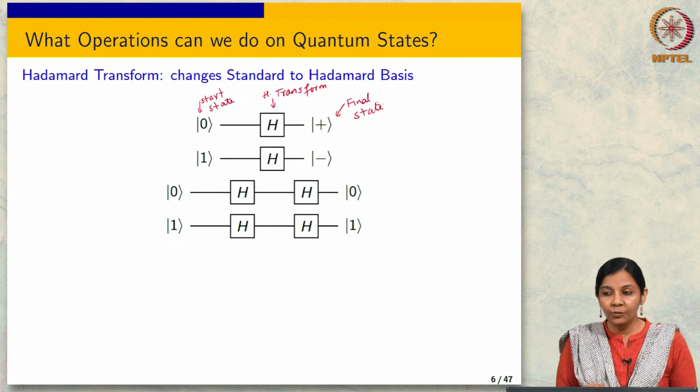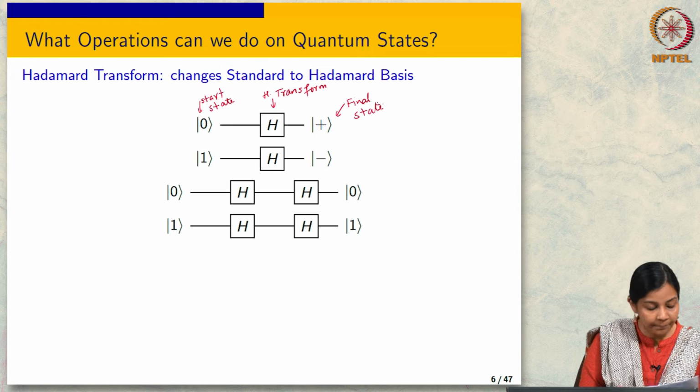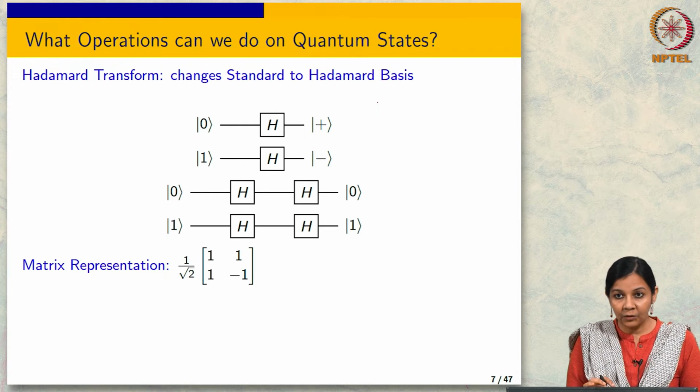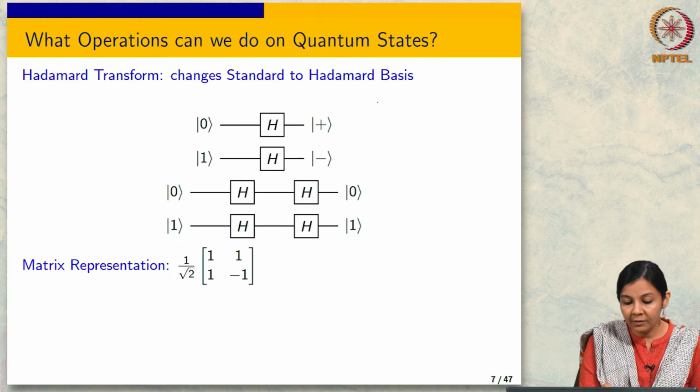Once again we want to write it down as a matrix. So, let us do that. Here is the matrix representation of the Hadamard transform. You can check. So, here is my matrix, right.